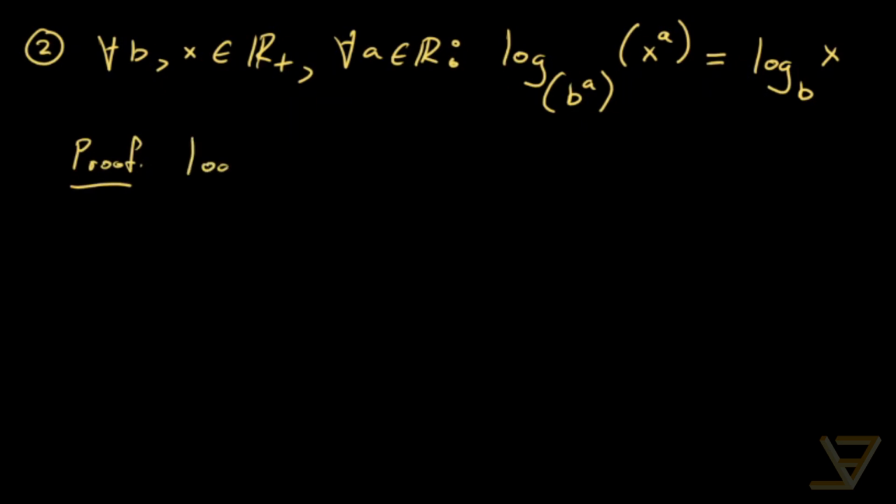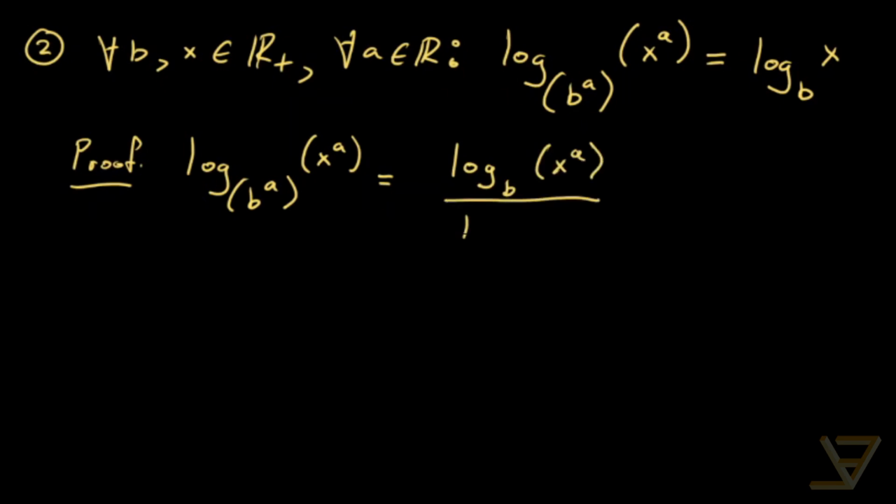We have that log b to the a with argument x to the a is equal to log b x to the a over log b b to the a.